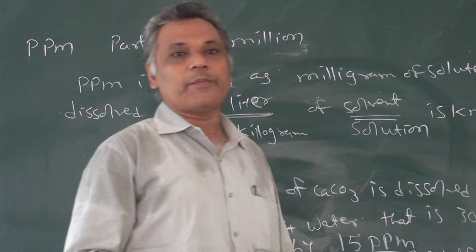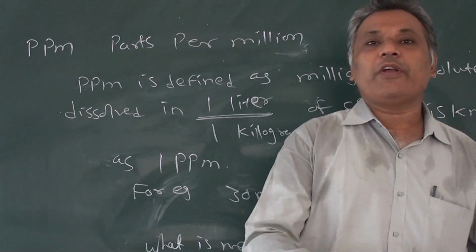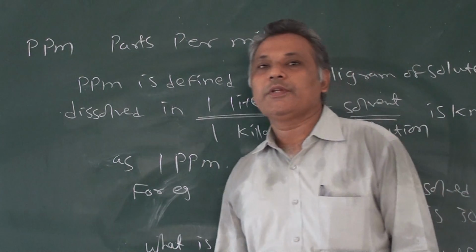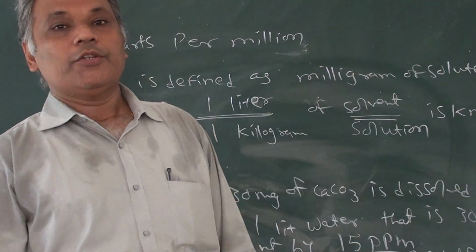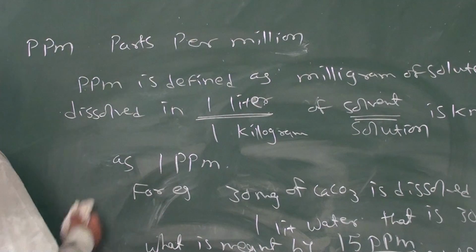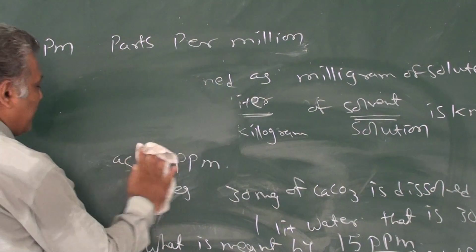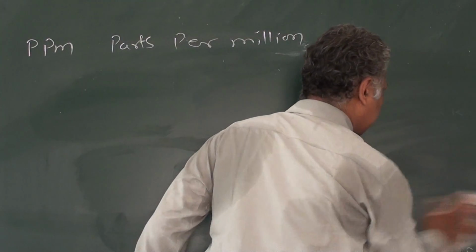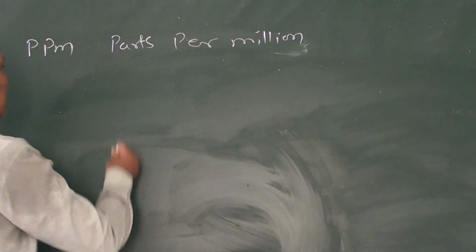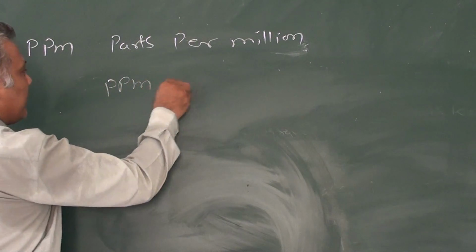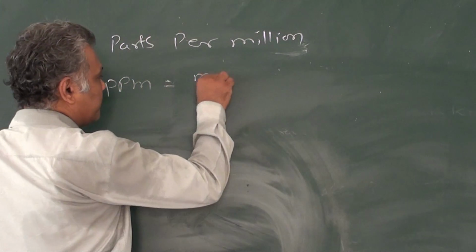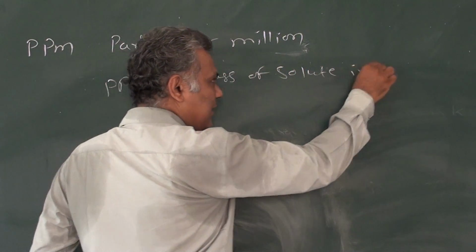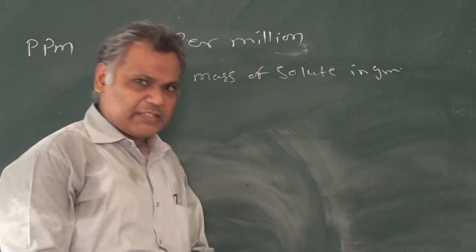Okay. Now, how to calculate the value? Suppose it is given to me in some other terms. It's not given to me every time in milligram. It's not given to me in terms of liters or kilograms. Then how to calculate it? So for that there is the formula for calculating the ppm. ppm is equal to mass of solute in grams. This is fixed.